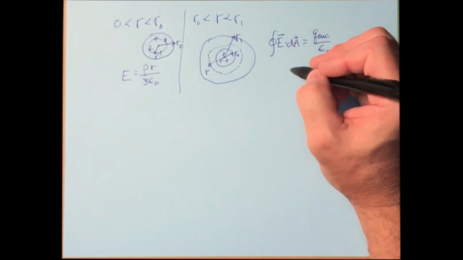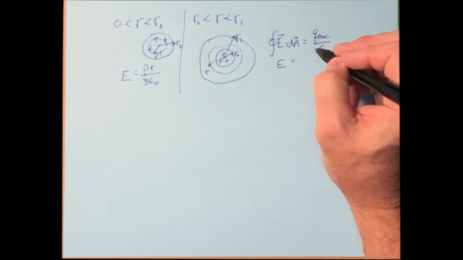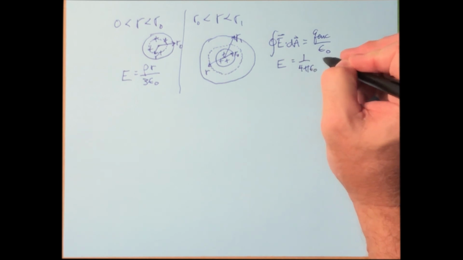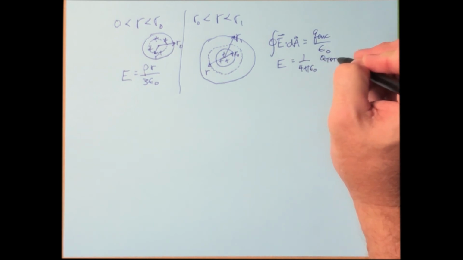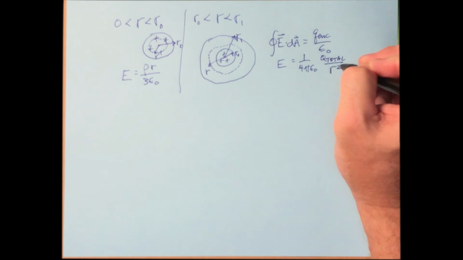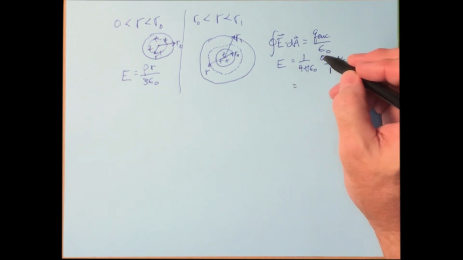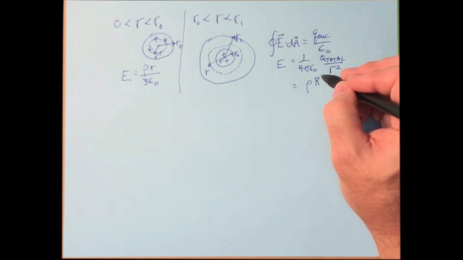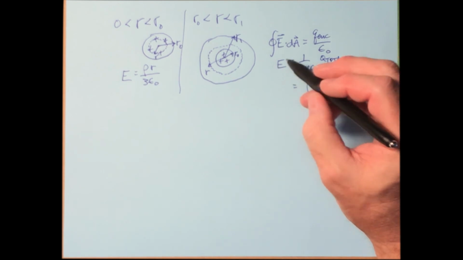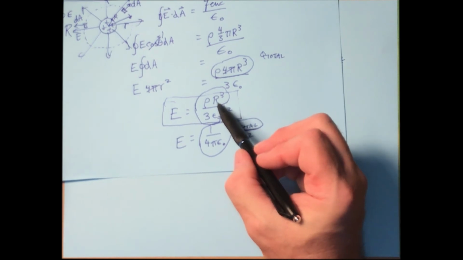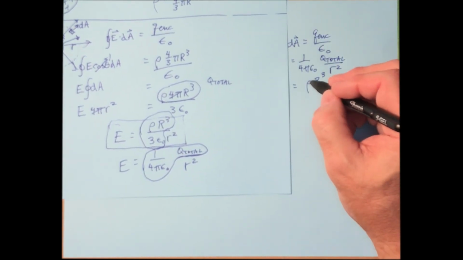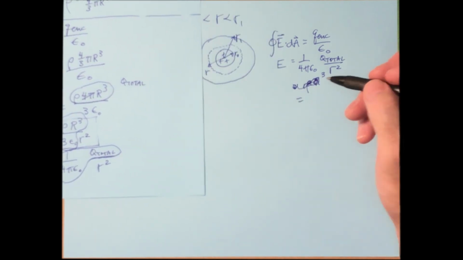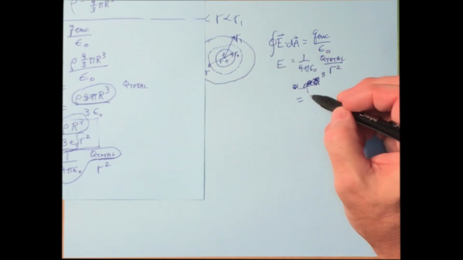But we know the answer for this one is E equals 1 over 4 pi epsilon naught Q total over R squared, which if we were to write it in terms of the original rho, it's rho big R cubed. Now we got to be careful here. This big R cubed is actually the radius of the charge distribution, so I need to rewrite that in terms of these variables here.